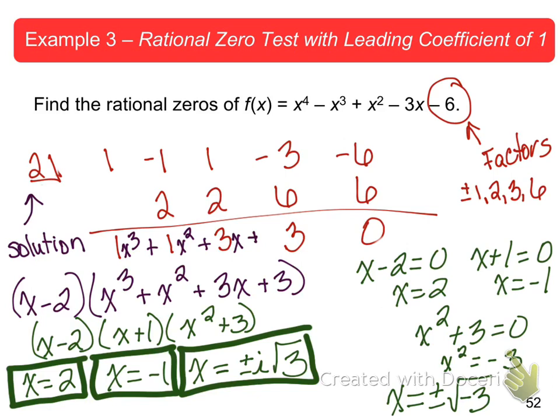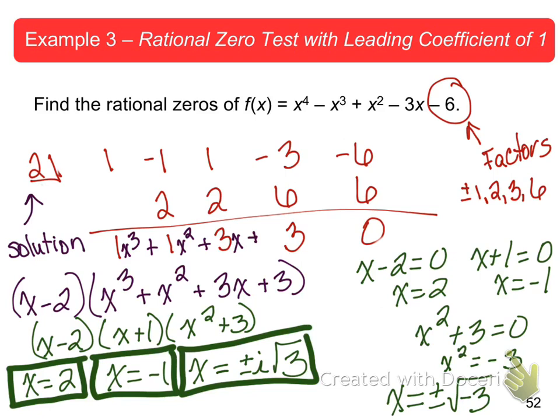Who says no, it does not? Who says yes, it does? Who has no clue? There's a lot of you that didn't vote. Okay. It does not cross the x-axis. Plus or minus i square root of 3 is a complex solution.